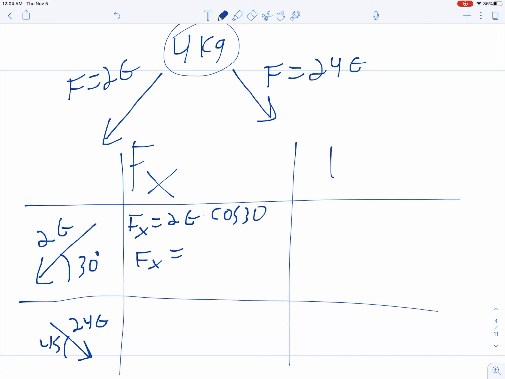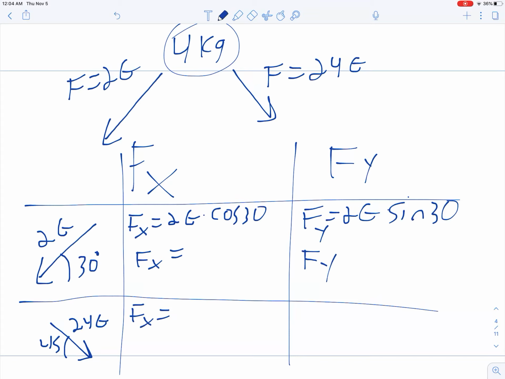And then our y would be 2g times sine theta. Okay, and we'll do the same thing here. This will be 24g times cosine of 45. And this will be 24g times sine of 45.